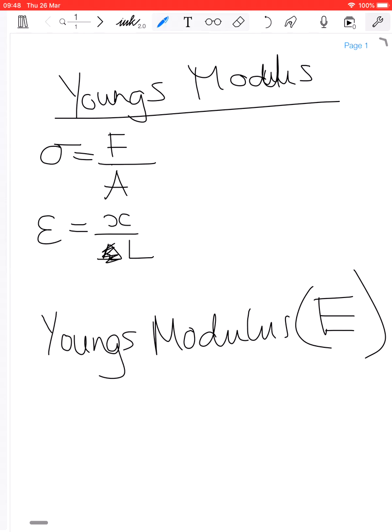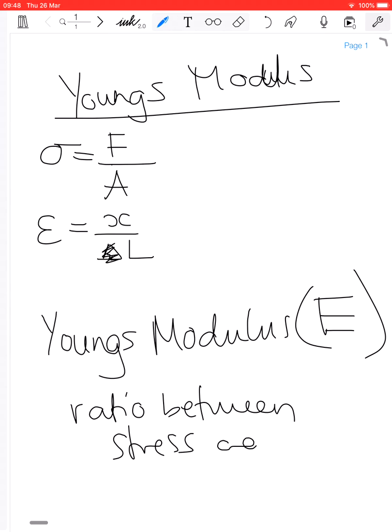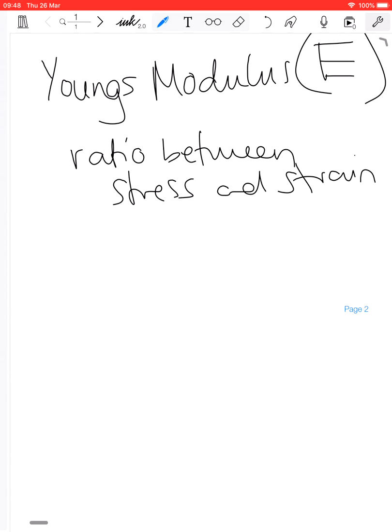And that is a ratio between your stress and your strain, and it is constant for the material. So for any given material, they will all have their own value of Young's modulus, and that will remain constant as long as your limit of proportionality isn't exceeded.